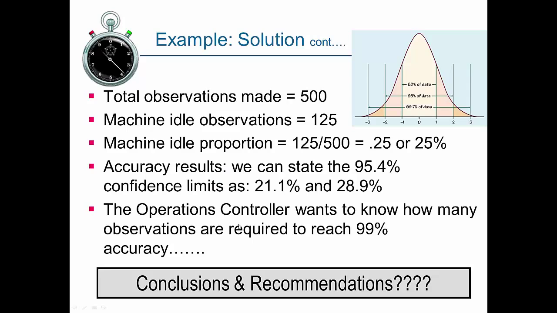It's one thing to collect the data and go through the arithmetic to determine this information, but then what do we want to do with it? What conclusions are we going to draw? What next steps, what recommendations are we going to make to reduce idle time, for example, or to increase the accuracy of the study? Okay, we'll follow through on that in the next video.